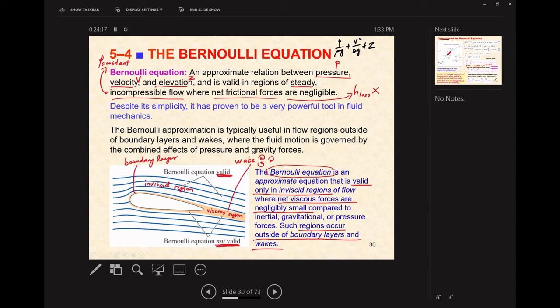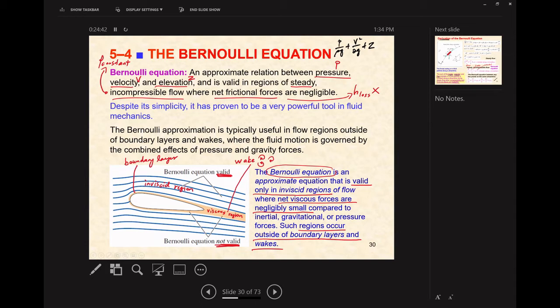We have the boundary layer, which is like a layer of protection, but viscous. And at the back, we have the wake, which is a rotational spin of the fluid particles. So that's called the wake.